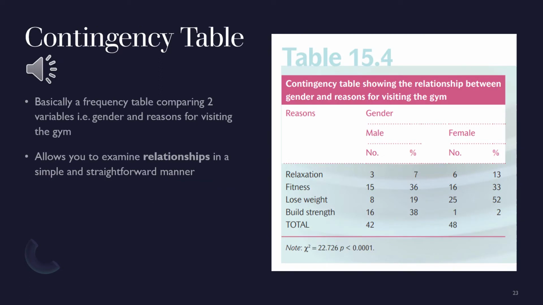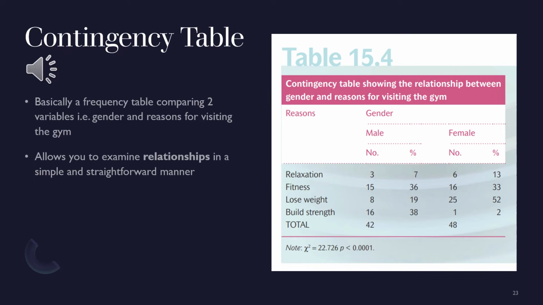A very, very simple way of presenting and comparing the results from two different questions, that is, two different variables, would be to use a contingency table, very similar to a frequency table, except here you have the different categories on the left, and then you have the top row, which are again two different categories.